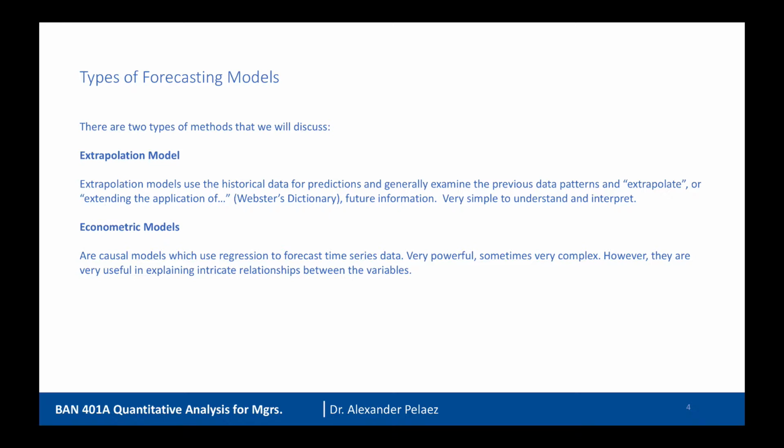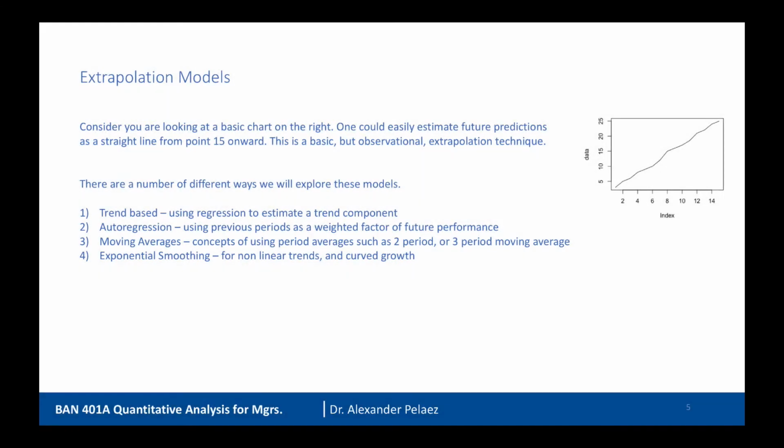Now, econometric models are called causal models because they use regression to forecast time series data. It's very powerful, very complex, and very useful in explaining intricate relationships between the variables. In this case, we have methods to deal with violations of assumptions. So under extrapolation models, consider this basic chart here. One could easily estimate future predictions as a straight line from point 15 onward.